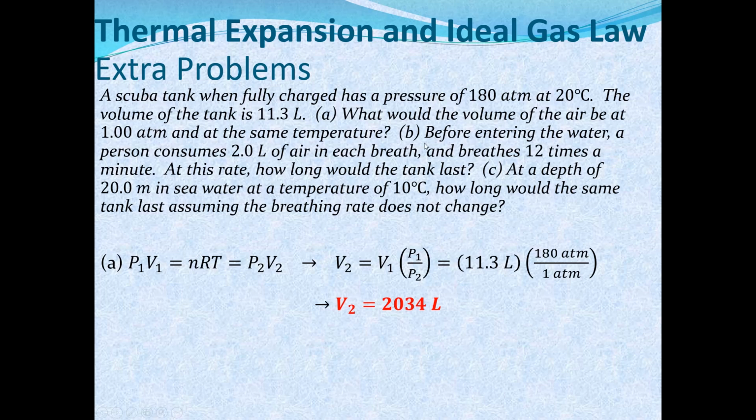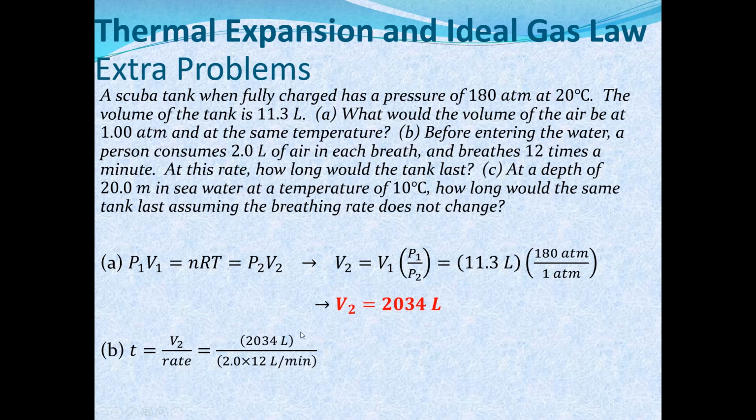This is going to lead us into part B, where it says that a person is able to consume 2 liters of breath and breathes 12 times a minute. So we're going to use a rate to figure out how long it's going to last. We could say that the time the air will last is equal to the total volume that's condensed inside the tank divided by the rate at which the gas is taken out.